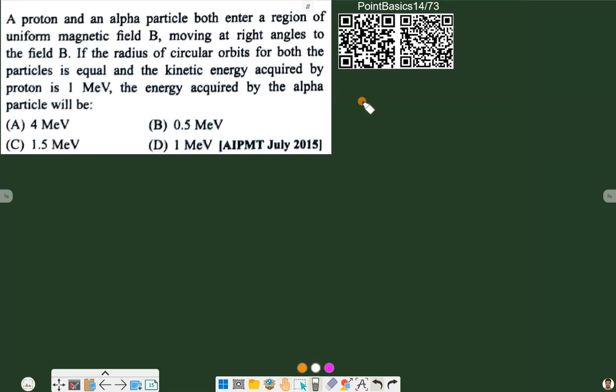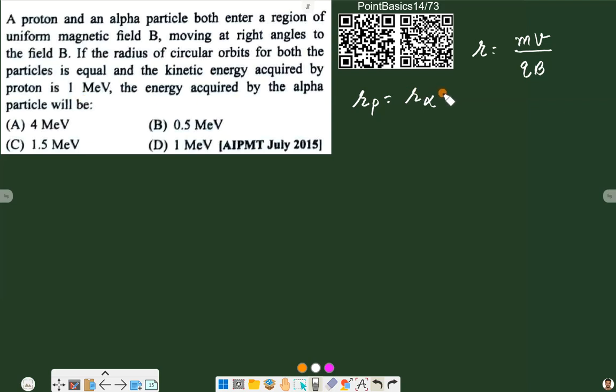Now we know that the radius is equal, so the radius of the proton is equal to the radius of the alpha particle. The formula for radius is mv by qB, and we have been given the kinetic energy of the proton.